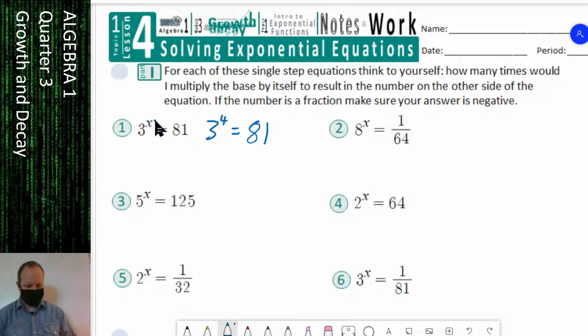Since we filled in 4 in place of the x, we can say that x equals 4. Not a lot of work to be shown. I would like you to rewrite it with no letters in there, no variables.